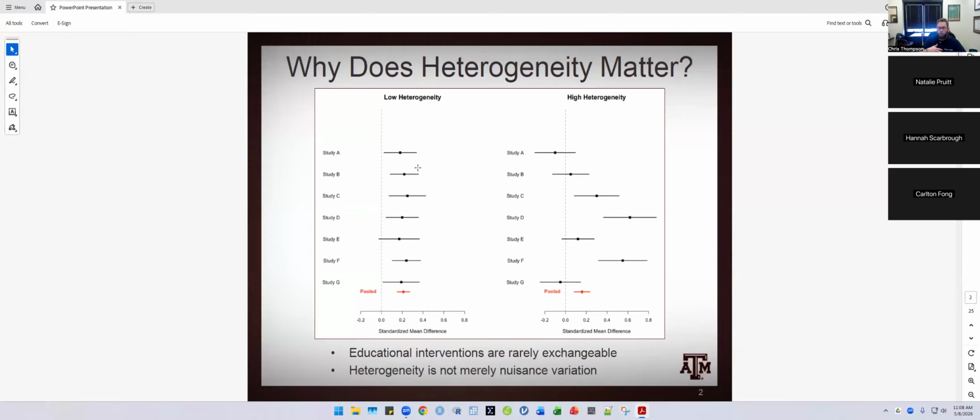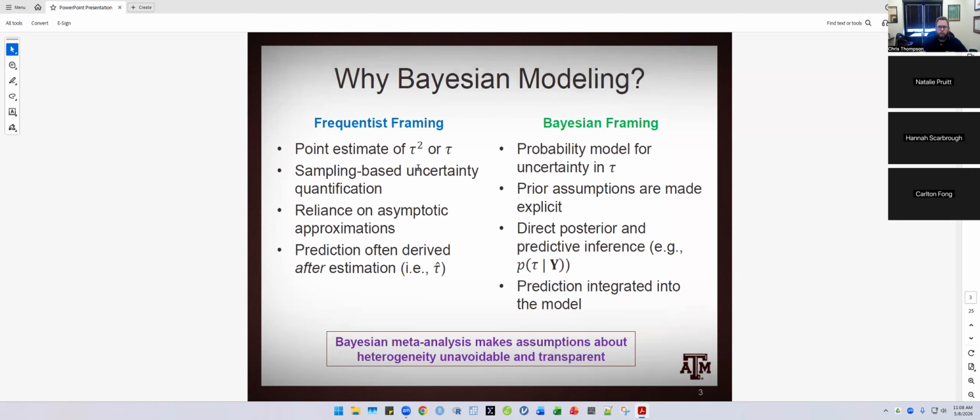It is something that needs to be modeled and attended to as much as the pooled effect, which of course for most people is the first parameter or the first result that is looked at. I believe that the estimation and the explanation of the variability among the true effects is equally as important, and if not more important, in some instances.